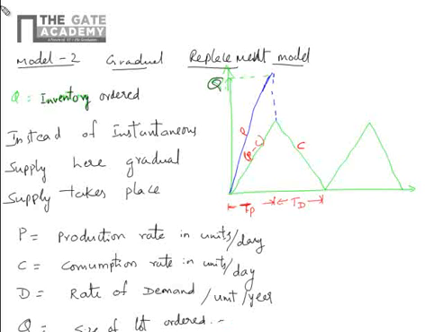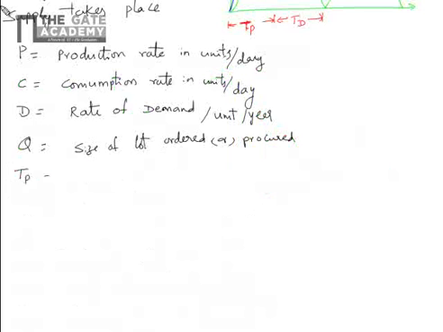Ordered or procured, both are the same. TP is the production time. TD is the depletion time.